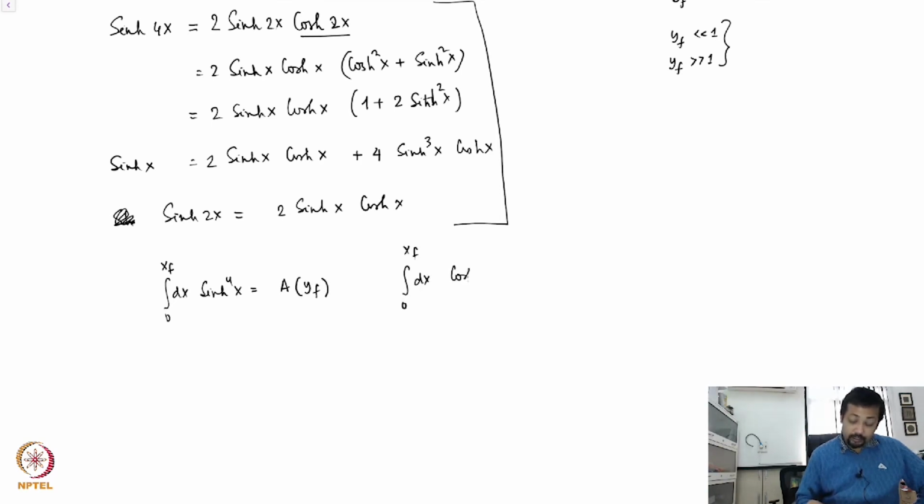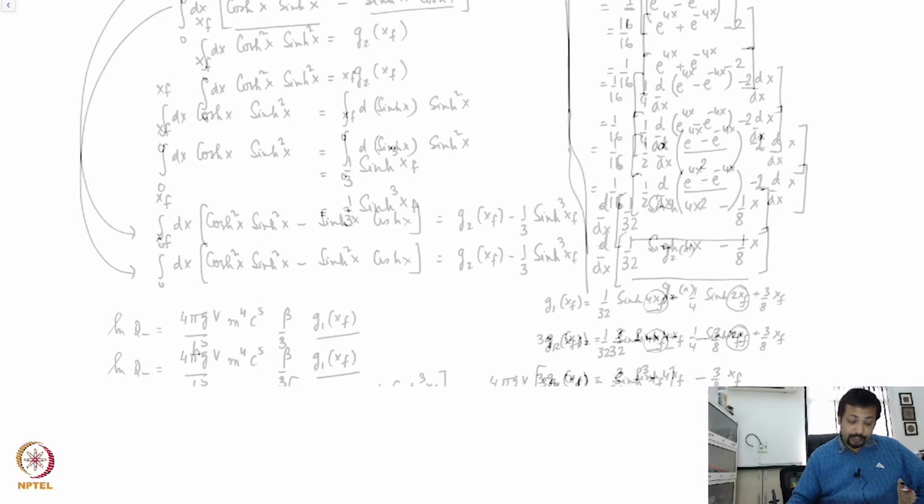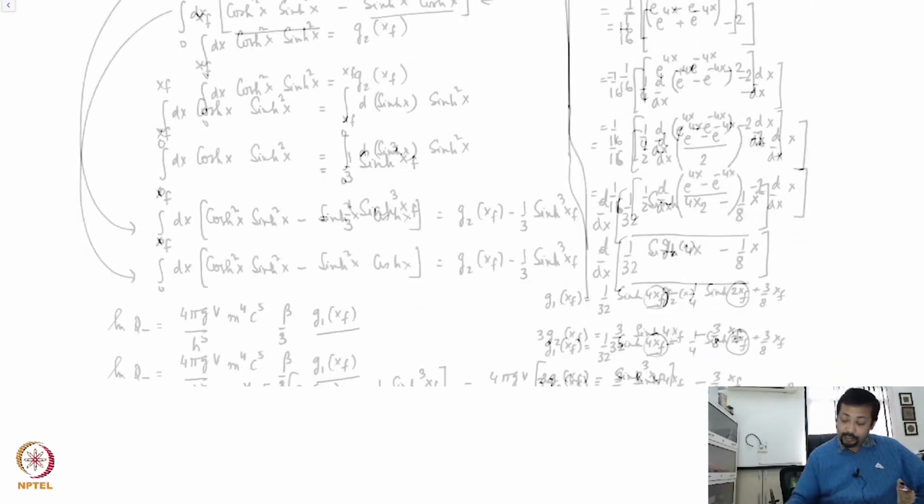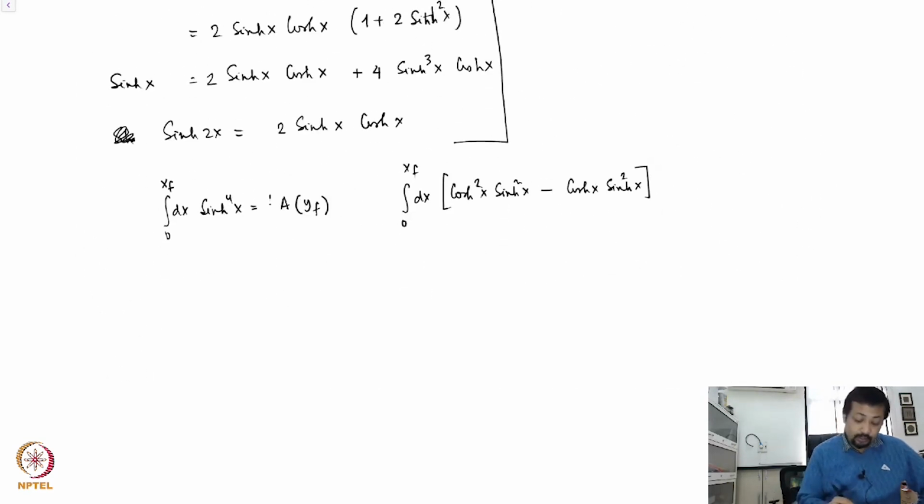I had cosh square x sinh square x minus cosh x sinh square x, which was the expression which entered for the energy.